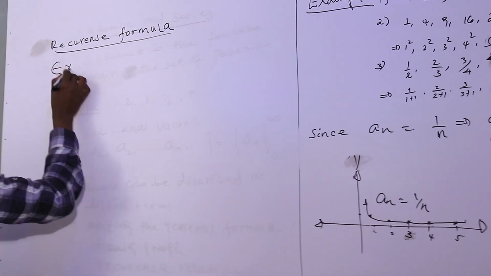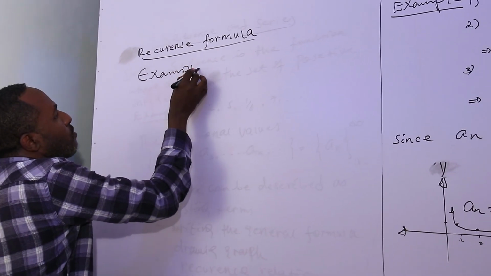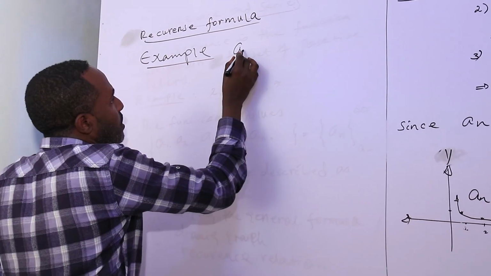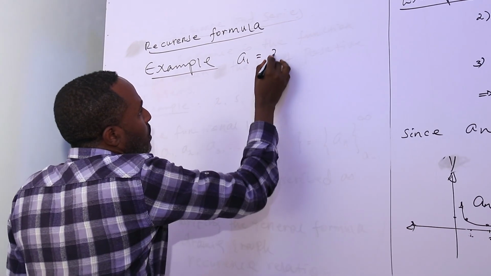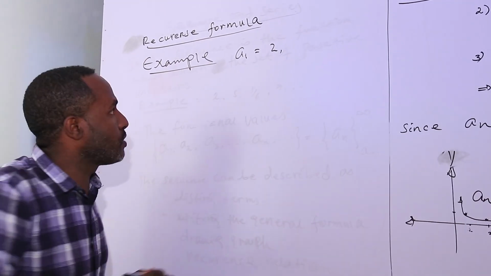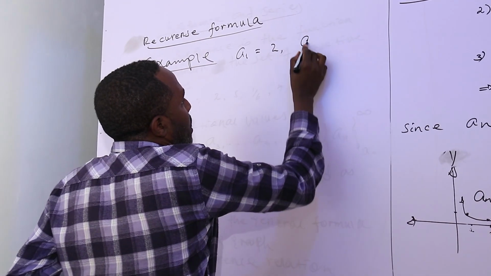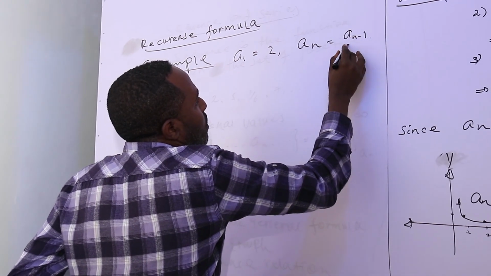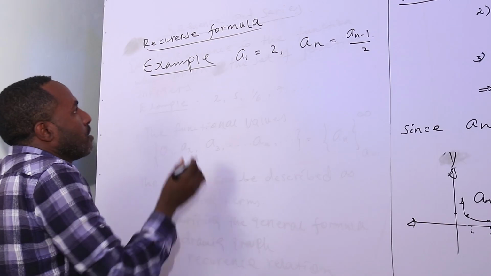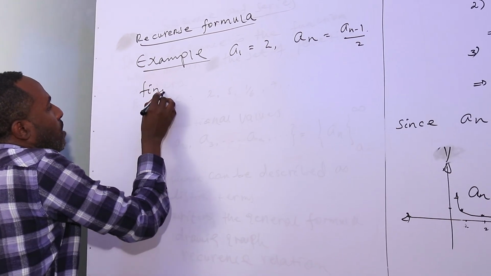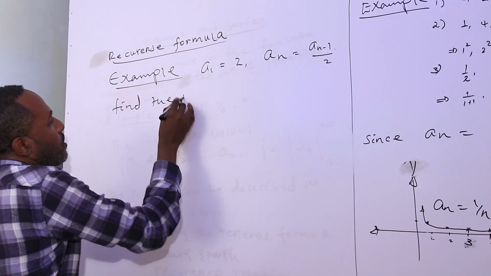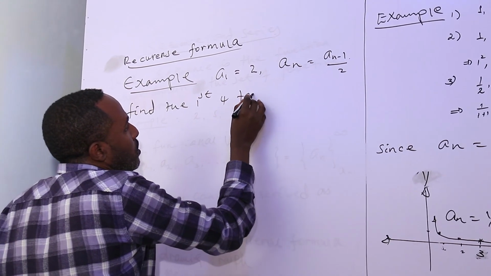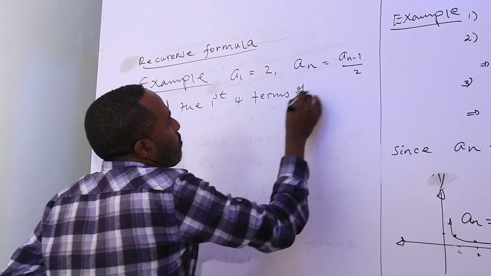Say for example, in the case of the recurrence formula or relations, given that A1 equals 2, and again a_n equals a_(n-1) over 2. Now determine or find the first 3 or 4 terms of the sequence.